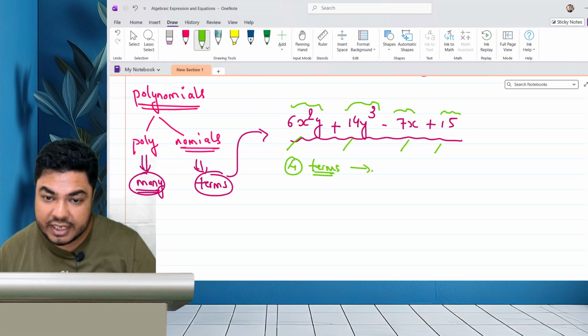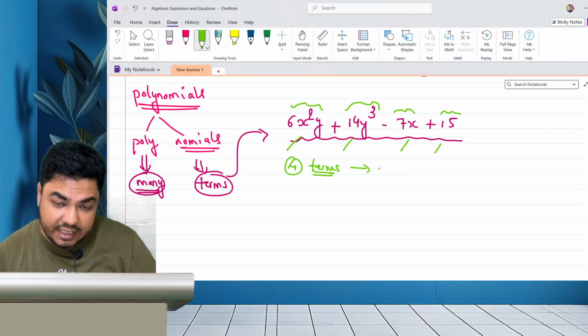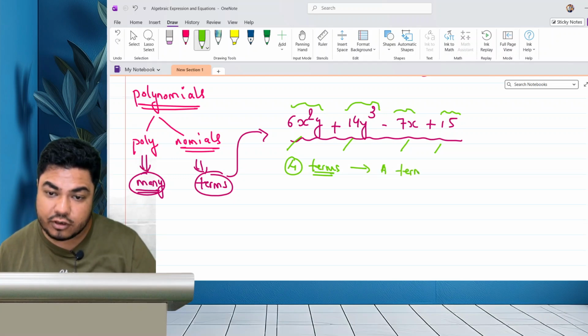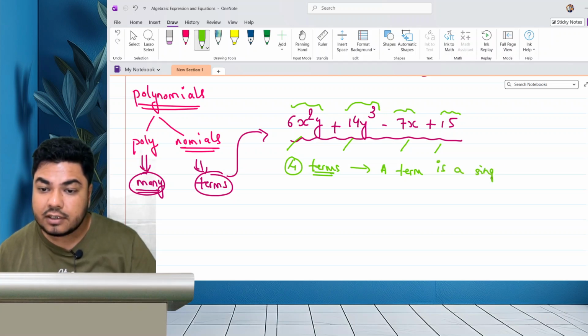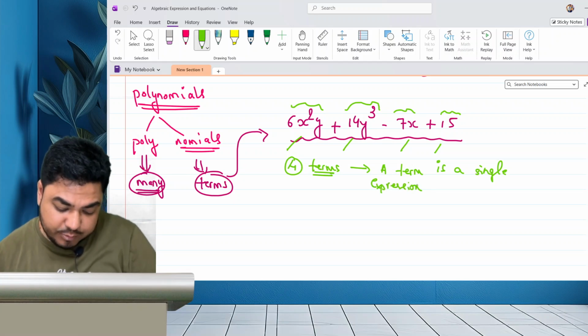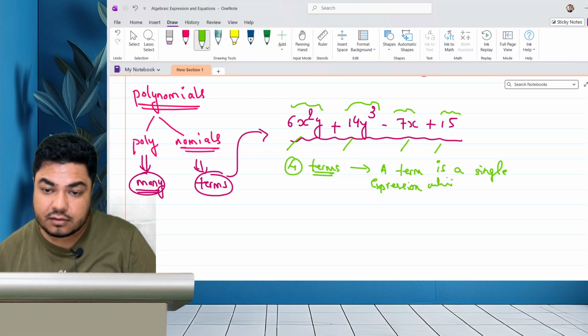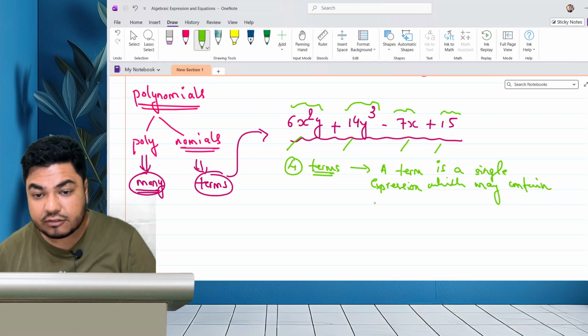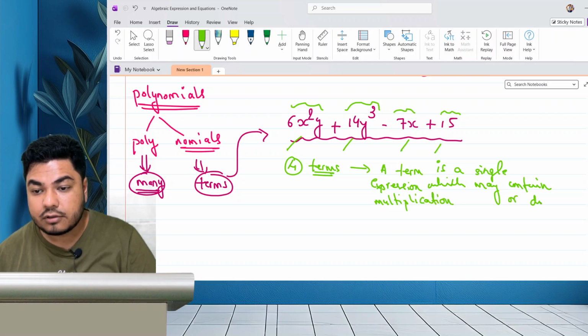So that makes us think that if I want to write the definition of term, a term is a single expression which may contain multiplication or division.